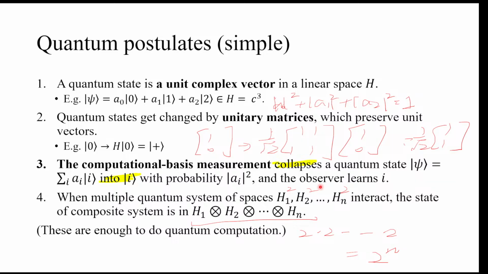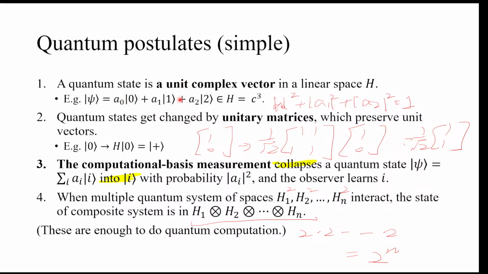And so there are 1, 2, 3, 4. The first one is that any quantum state is a unit vector in a complex linear space, and we call it maybe H. For example, we can have our complex vector space being a three-dimensional complex vector space, and our vector can be written out with coefficients: A0|0⟩ + A1|1⟩ + A2|2⟩.